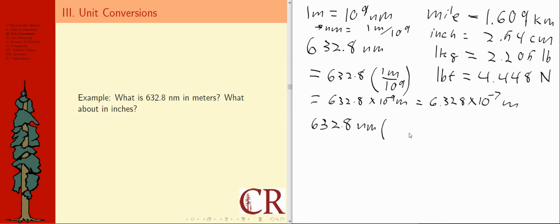And so instead of just doing a substitution, I'm going to multiply the 632.8 nanometers. Since I know that 1 meter is equal to 10 to the 9 nanometers, I'm going to multiply by 1 meter divided by 10 to the 9 nanometers.